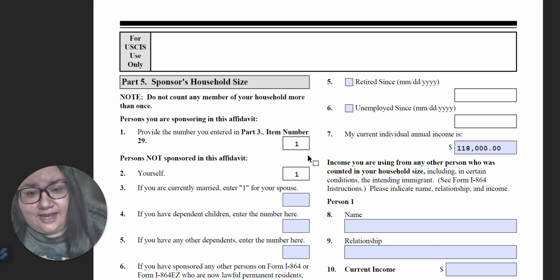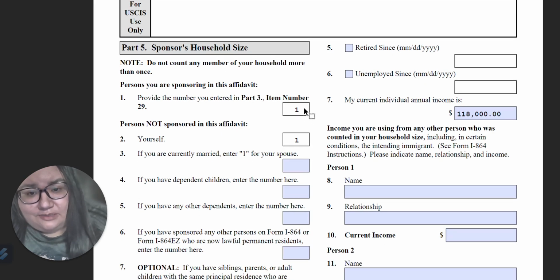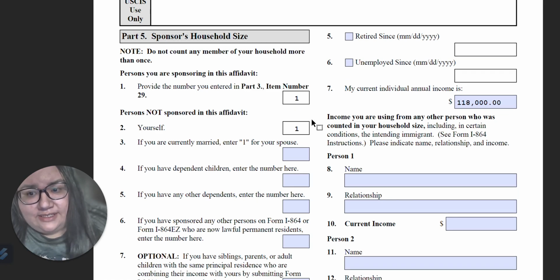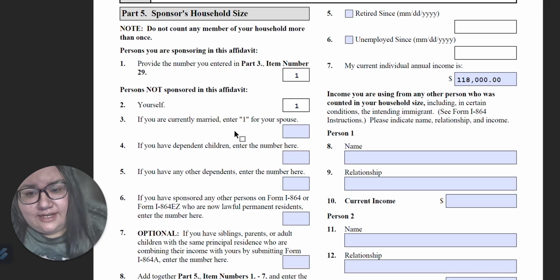All right, so moving along, we have our one here, and this one is representing the immigrant, the principal immigrant. This one in the next section represents yourself. Now, this is a tricky one. It says 3. If you're currently married, enter 1 for your spouse. Most people will say, well, he's married to Fulanita, so we're going to enter a 1 here.